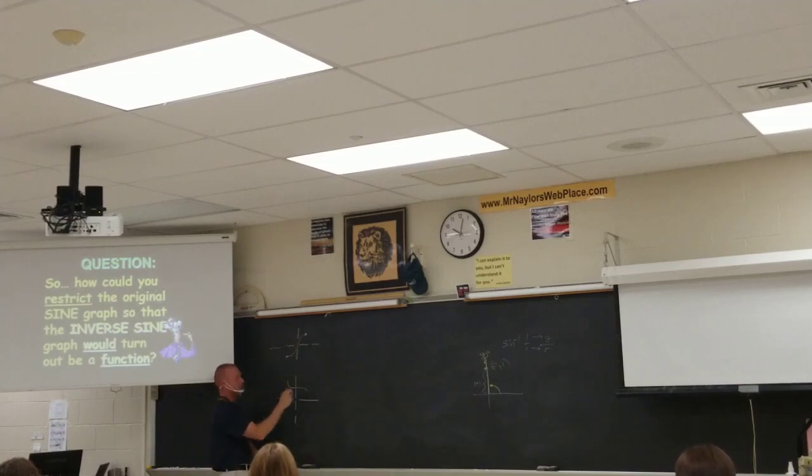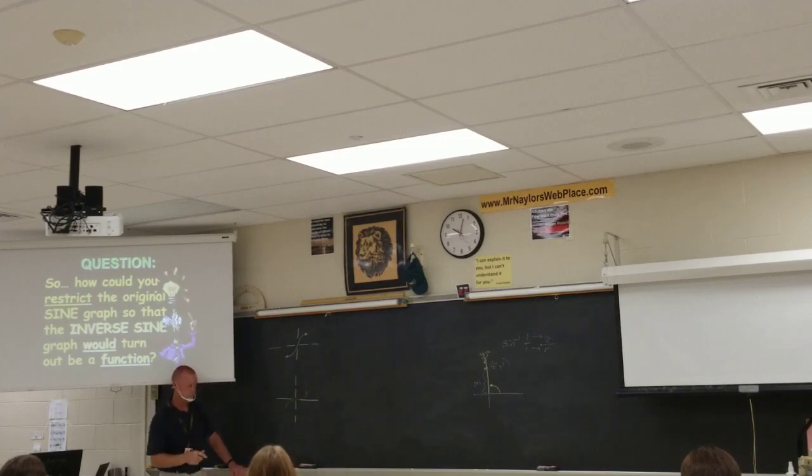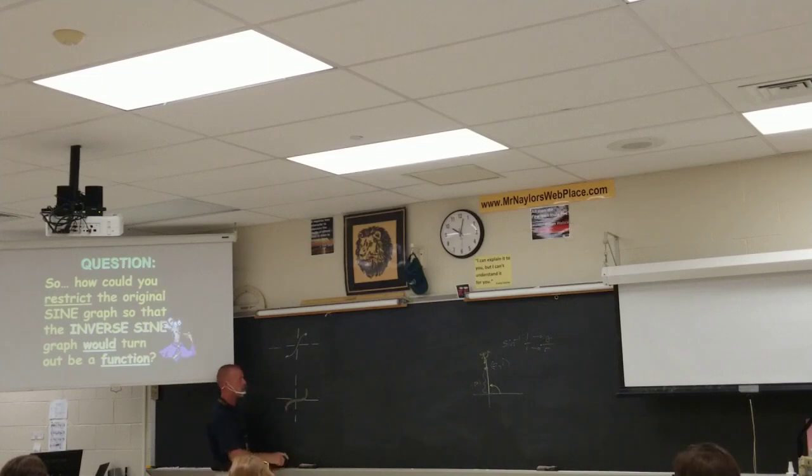If you take this part, now I have to recreate my graph, you're going to end up in what's called the principal region. This is the principal region. And what we want you to realize, at least right now, is that it is a function. This yellow graph is now a function.